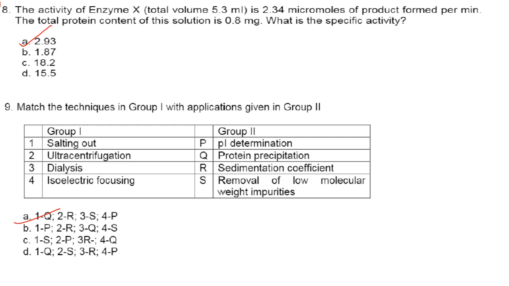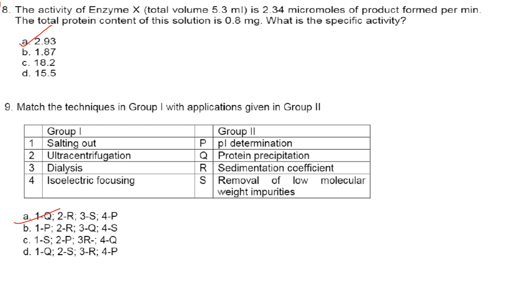Then the activity of enzyme X, total volume 5.3 ml, is 2.34 micromoles of product formed per minute. The total protein content of this solution is 0.8. So what is the specific activity? To find out the specific activity, you have the formula enzyme units per ml by protein concentration in mg per ml.